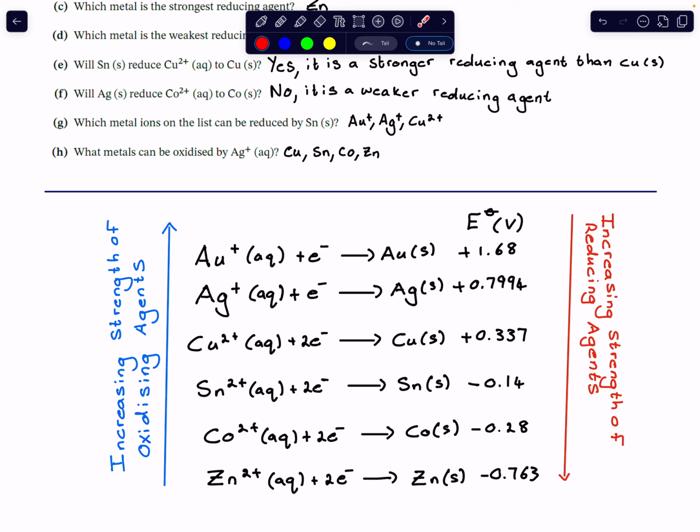If you have a reducing agent like silver solid, it can then reduce anything that's on the left hand side above it. Sorry, oops. That's the point of this example. All right, good. I'll see you in the next example.